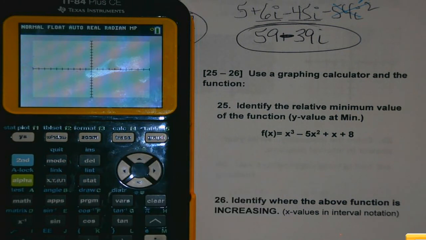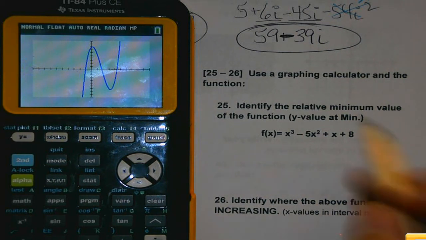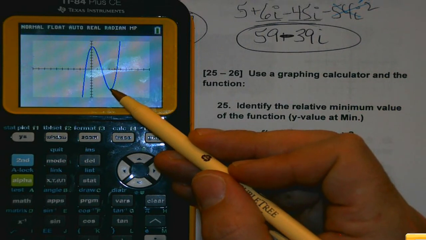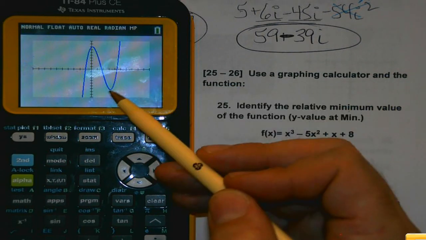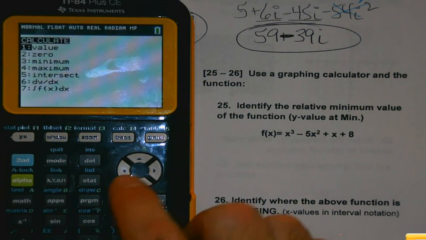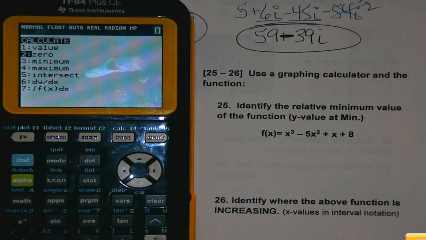All right, so let's take a peek at what this looks like first. Okay, so identify the relative minimum value, where the valley is. If we were asked for a maximum, we'd be looking up here. We want the min. So second trace, we're looking for the minimum.